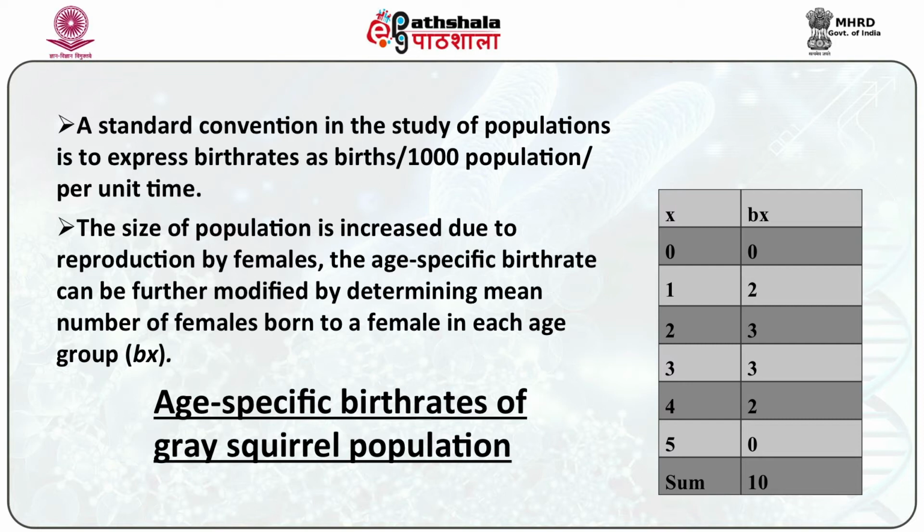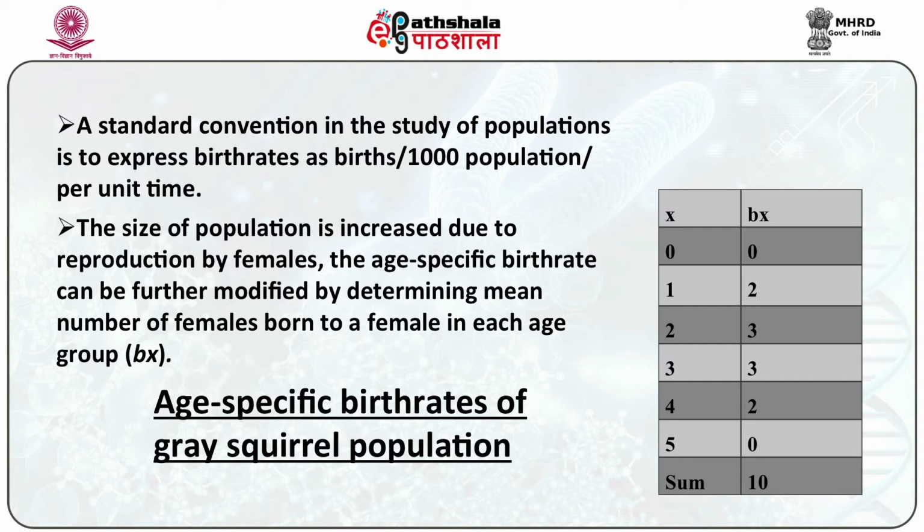A standard convention in the study of population is to express birth rates as births per 1000 population per unit time. This is calculated by dividing the number of births over a given time period by the population size at the beginning and multiplying by 1000.